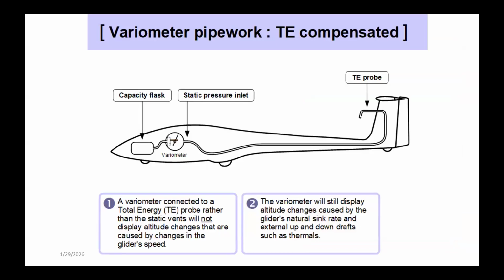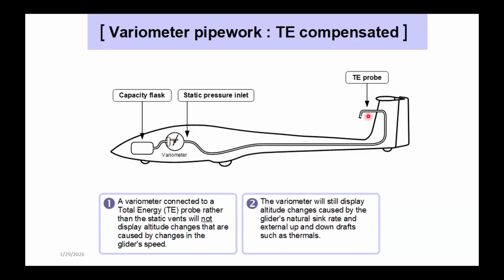instrument. And so what we end up doing, instead of plumbing the variometer to the static system right here, is we bring it back and we put it onto a TE probe, a total energy probe. The secret of the total energy probe is it's a sealed tube with an opening on the back side of the tube. The size and placement of the opening is important, but basically what's going to happen here is it's going to give us a pressure signal that is very similar to negative airspeed.